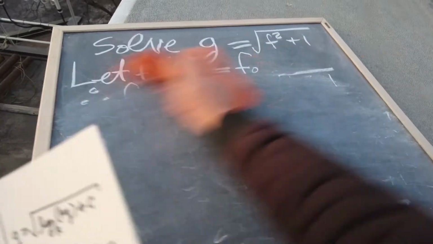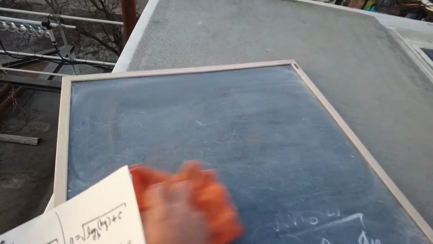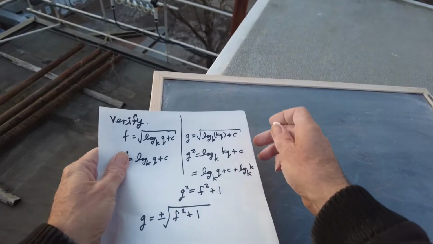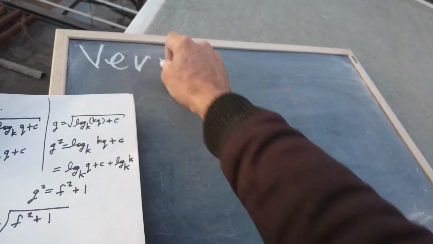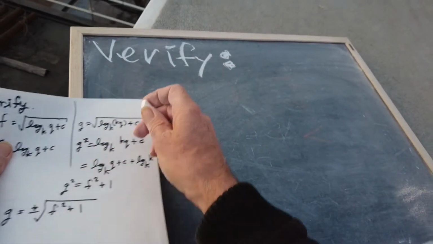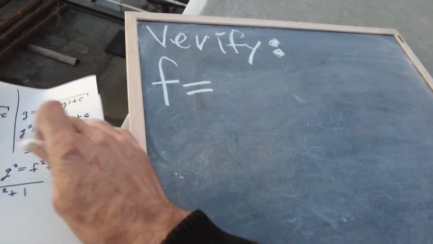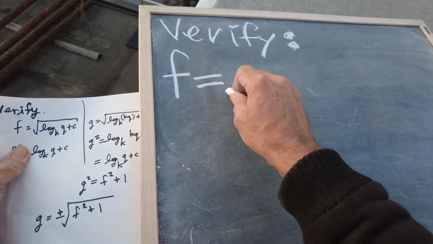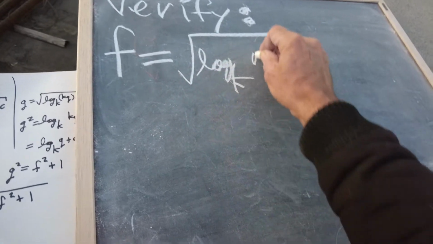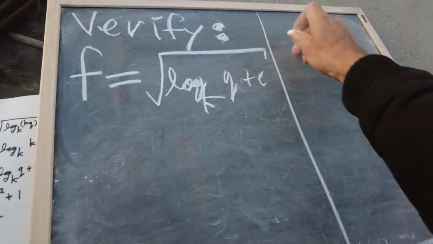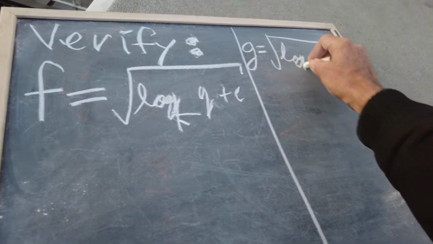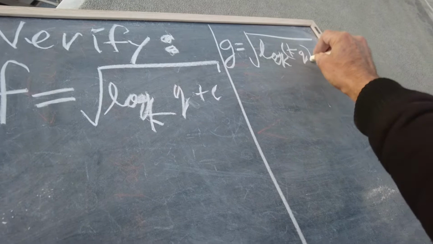So we'll verify that's a solution. So we're going to say f equals square root of log k of q plus c, and then over on this side we've got g equals square root of log k of kq plus c.